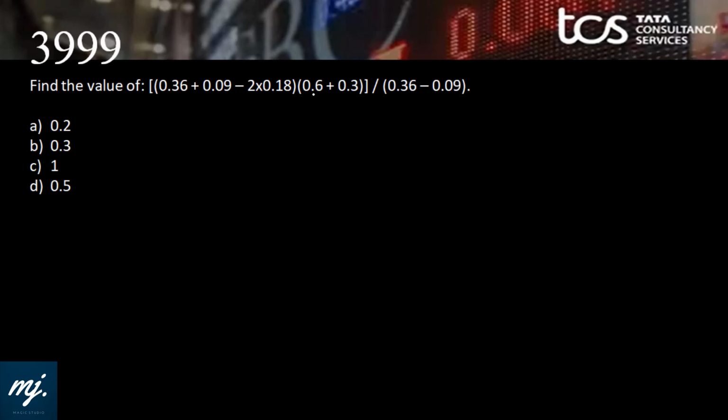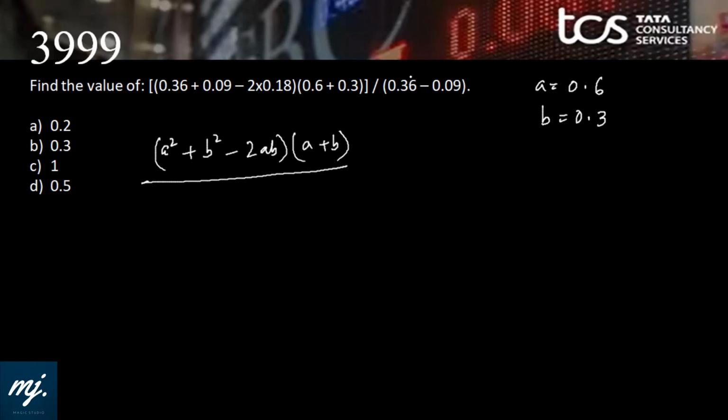So now let 0.6 square, 0.3 square, 0.09. A equals 0.6 and B equals 0.3. So this is A square plus B square minus 2AB, where A into B would be 0.18, into A plus B, divided by, this is A square minus B square.